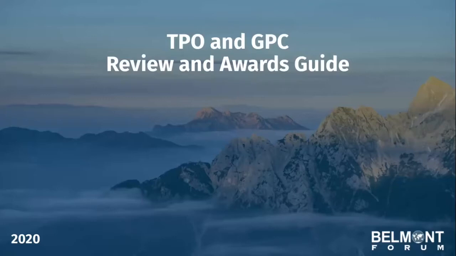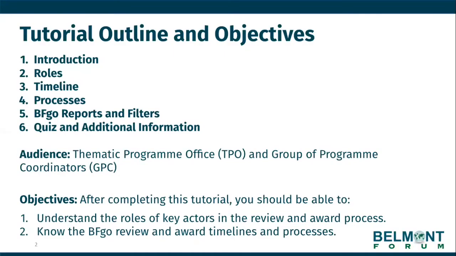If you are representing the Thematic Program Office or the group of program coordinators, then this tutorial is for you. In this tutorial, we will begin with a high-level overview of the award and review process.